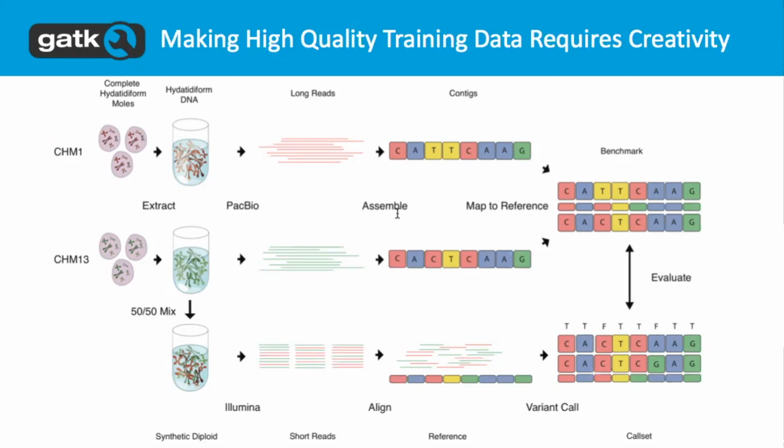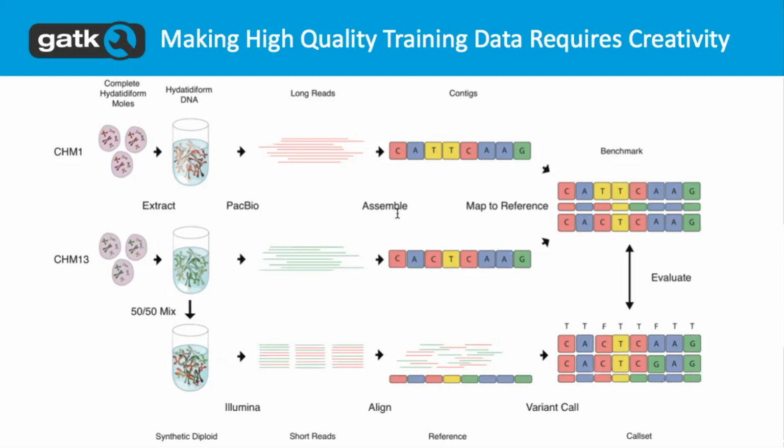So we take two cell lines, we sequence them separately using PacBio, which is orthogonal data to Illumina, and then we map it and we mix it in silico. And now what we can do is we can actually mix it in a test tube, and we can sequence it with Illumina, and this is the call set we try to validate.